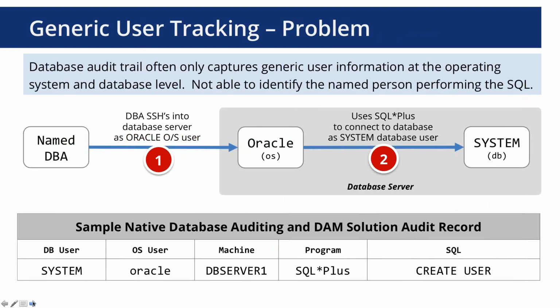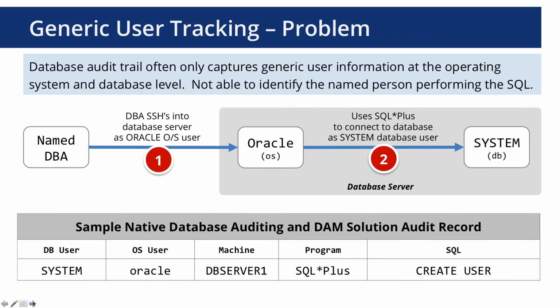Another significant problem with DAM solutions is the generic user problem. Typically what happens, either in applications or just the way the DBAs access the system, and we even get clients that say, oh no, this is not how it works, and as soon as you implement the solution, you start capturing audit trails, it becomes very apparent. This works for applications, but it can also just work for the manual DBA logging in: you have the named DBA, and he SSHs into the database server.